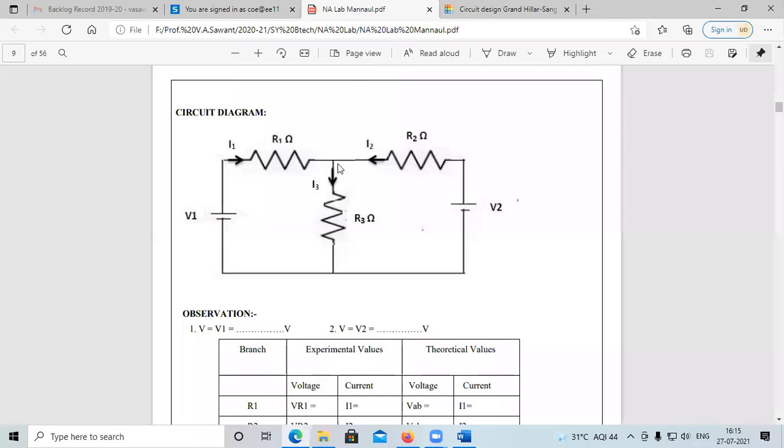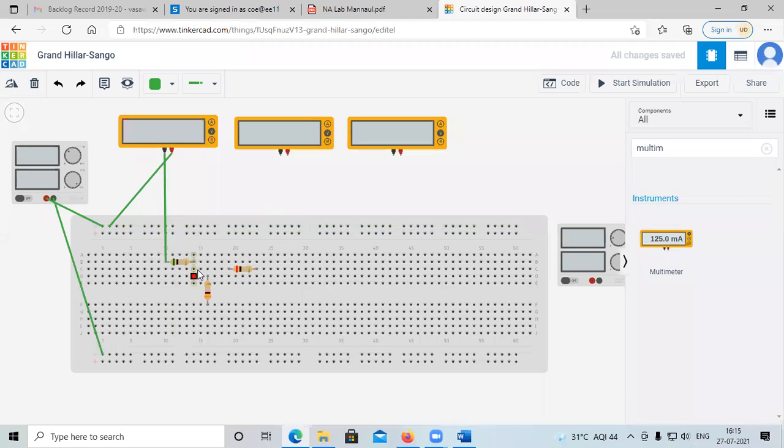See the connection. Again, these are one common point. These will be 3 common points. That means here is the I2 multimeter, and here is the I3 multimeter. Okay, so we'll connect like this. See here. This one resistor and this one resistor.